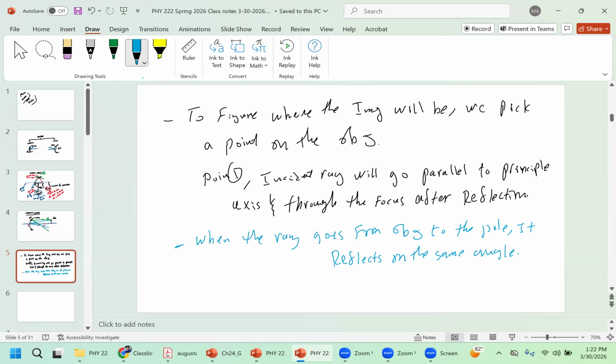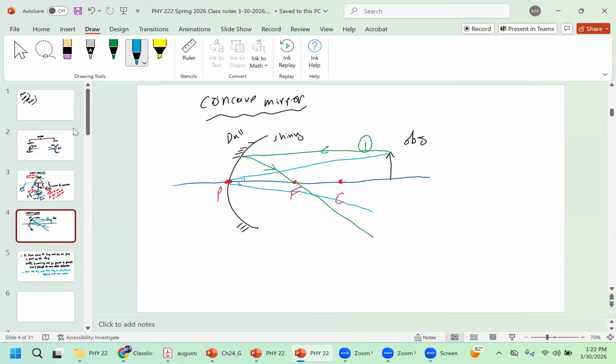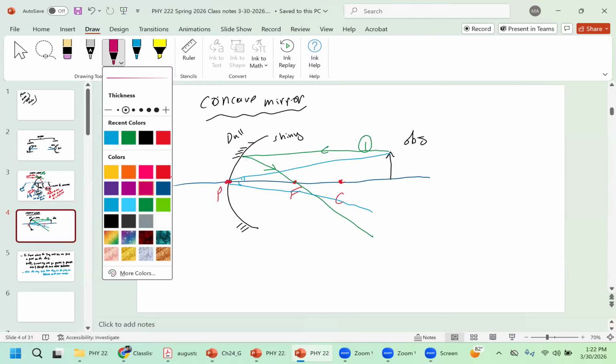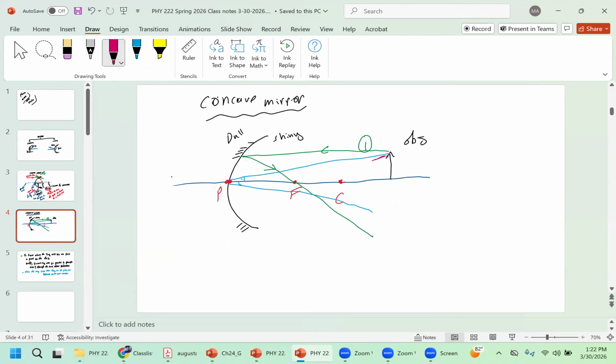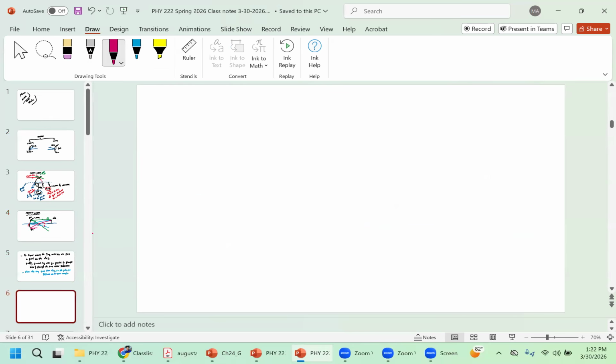You with me so far? Okay. And same thing, you can say also from the object to the focus, it will go parallel. Let me say ray.